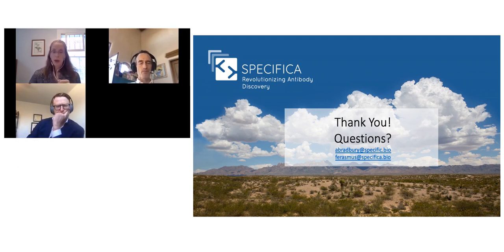Next question, how long does it take between obtaining the patient's sample and having the antibody candidate? So if you're doing a library from a convalescent patient with traditional VH-VL amplification, then that will take us probably 2 to 4 weeks to build the library, depending on how deep and big we want it.